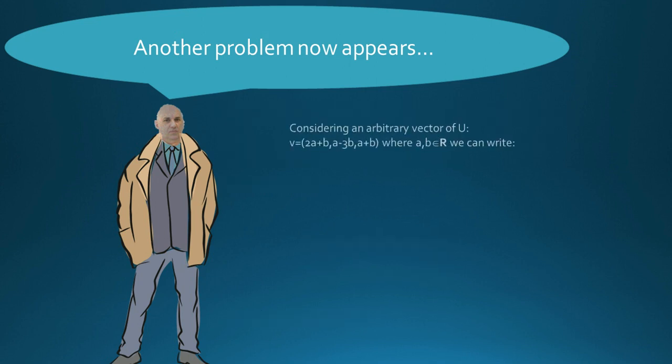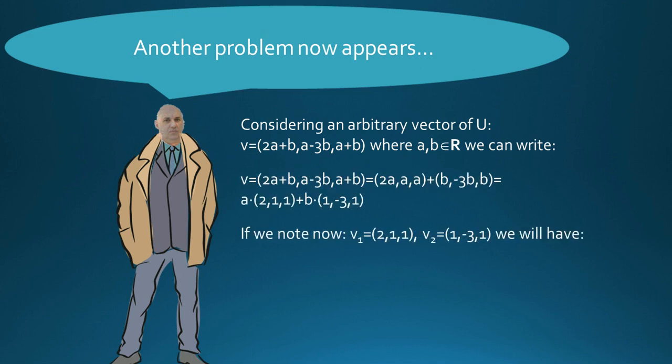Considering an arbitrary vector u, v = (2a+b, a-3b, a+b), where a, b are in R, we can write v = (2a+b, a-3b, a+b) = (2a, a, a) + (b, -3b, b) = a multiplied by a fixed vector (2, 1, 1) plus b multiplied by again a fixed vector (1, -3, 1).